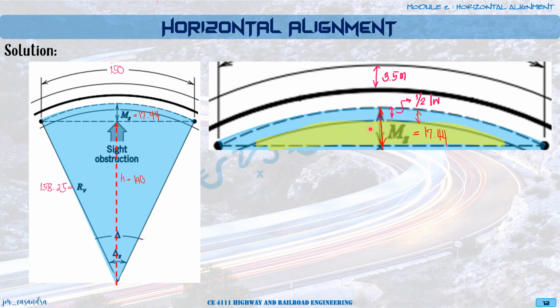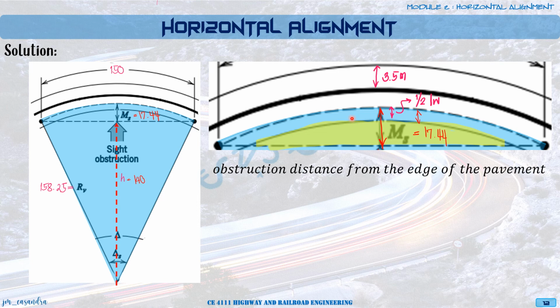So dito lang. Kasi dadaanan pa ito ng sasakyan. So ito lang yung consider. So from the figure, the obstruction distance now from the edge of the pavement is equal now to m minus 1/2 of your lane. That is equal now to 15.69 meters. So ito yung hinahanap natin.